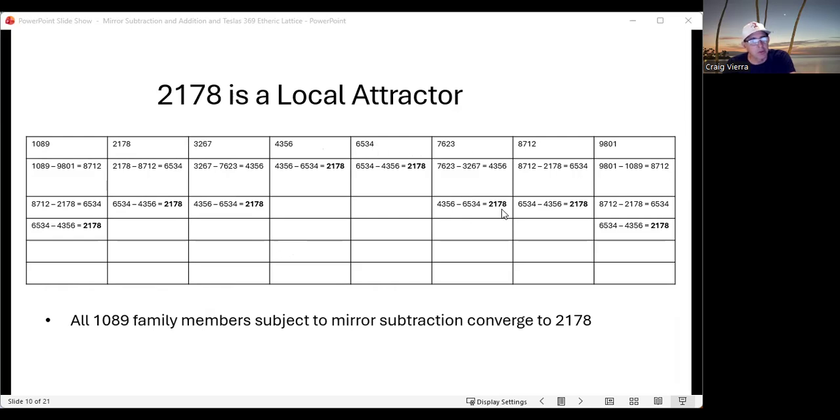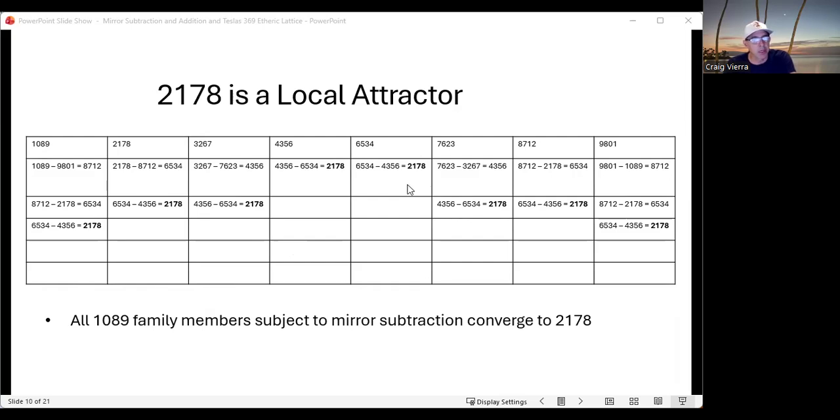Look at this. You can see already that 2178 is a very, very special number. I'm not going to go into it in this video, but this number shows up in certain locations on the planet, and mathematicians have worked on this number, not knowing exactly what it's doing.